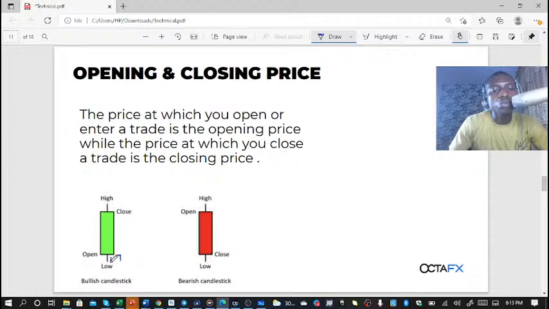That's why we have this wick here; this line we call the wick. It went up to this level, could not sustain, was pushed down, and closed at this level. This level at which it closed is our closing price. This level at which it opened is our opening price. I want to believe we get it that way.